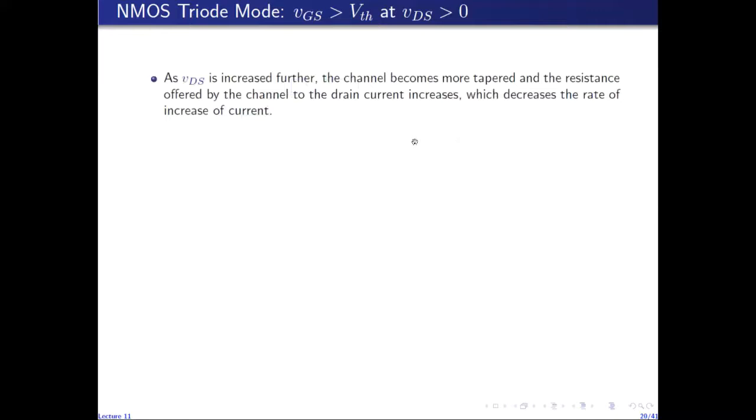So as VDS is increased further, the channel becomes more and more tapered, and the resulting resistance offered by the channel to the drifting electrons increases, which, as we will see later on, will decrease the rate of increase of current, ID, with the increasing VDS.